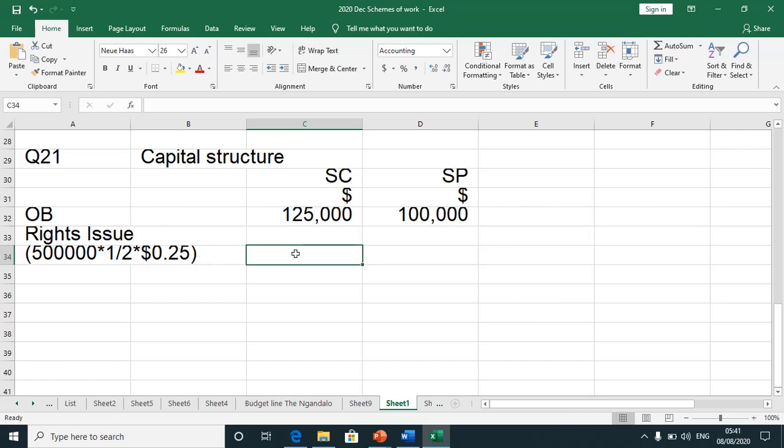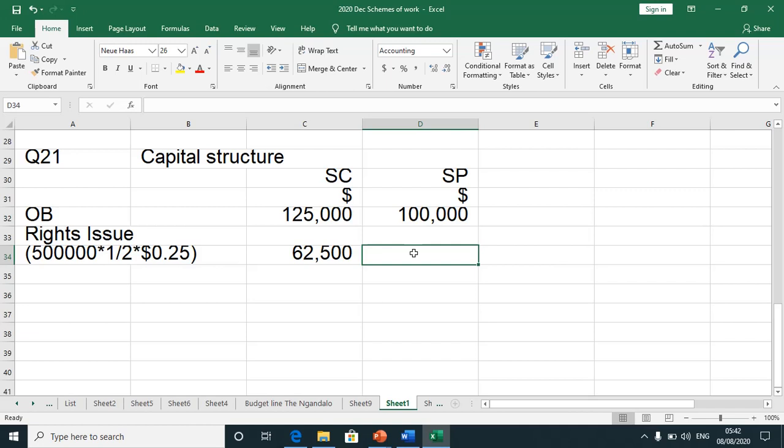Okay, so let's do the work. Say 500 shares multiplied by 0.5. 1 over 2 is 0.5, please. I'm getting that figure. And then for the share premium, you do a similar thing.